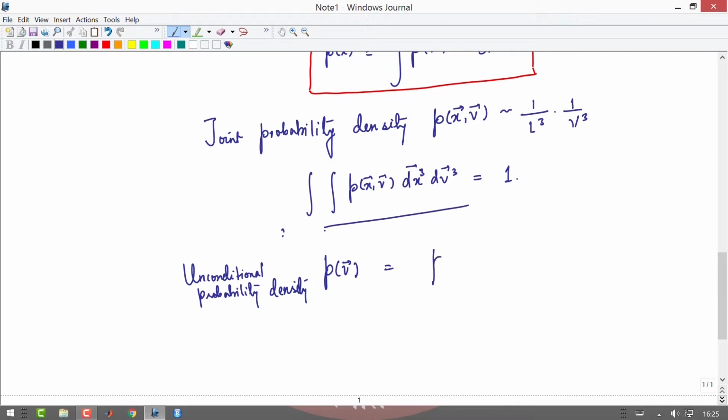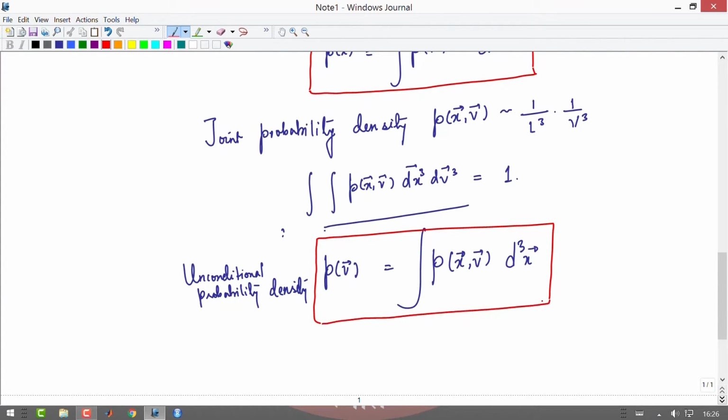You take the joint probability density, or the total probability density, which has the full information, and then you integrate out the position degrees of freedom. You do a volume integral of this, and what you get is your unconditional probability of finding the velocity of a gas particle. Okay, so that's the answer to the problem.